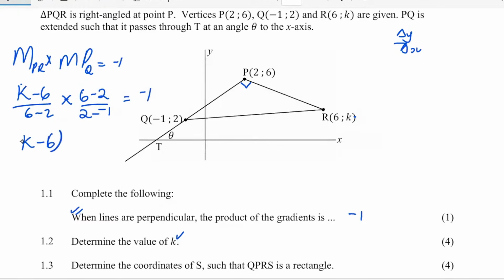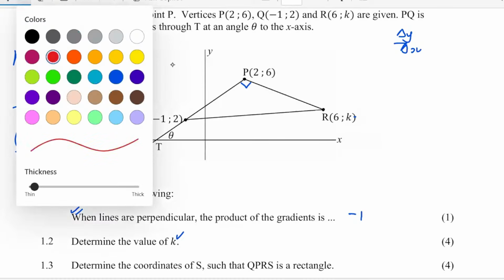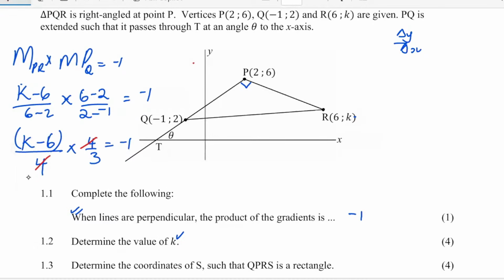I keep the K minus 6 intact over 4, times 4 over 3, equals negative 1. I can cancel the 4 and the 4 and then multiply either side by 3, so K minus 6 is equal to negative 3. Move the 6 that side, and K becomes a positive 3.